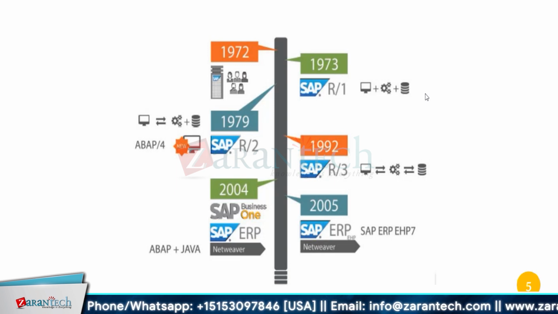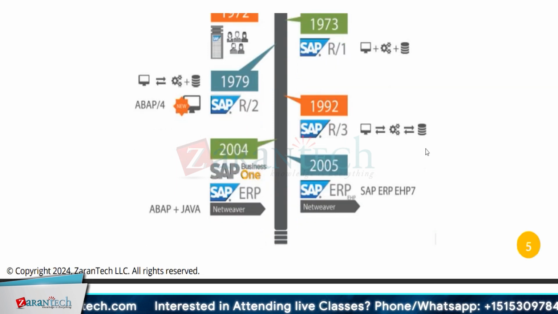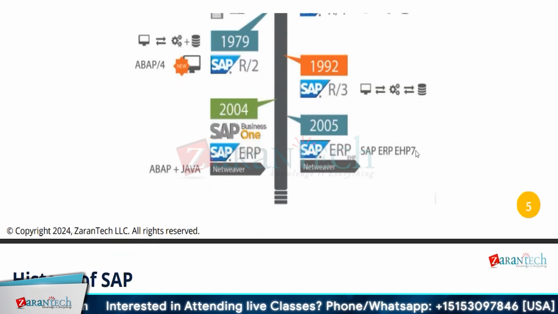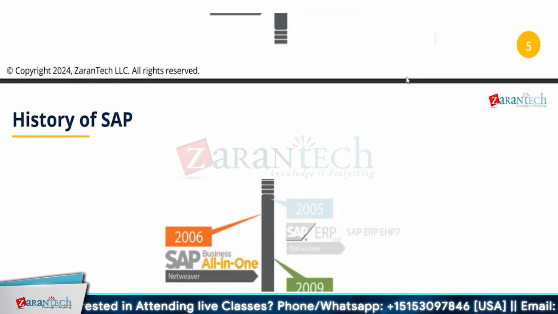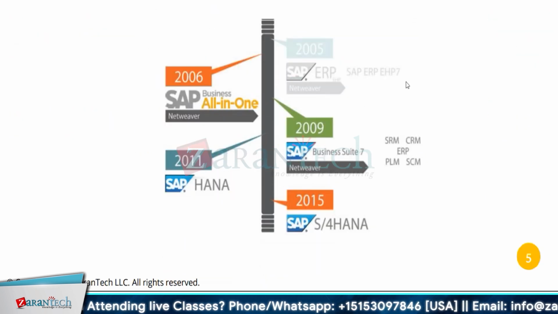Earlier, whenever there used to be any upgrade, the business operations used to be halted or affected. But with the launch of these EHP packages, SAP can upgrade its software without disrupting the business operations and provide regular updates like we get in our Android or Apple phones as well. From EHP 1 it started, and then it went on till EHP 7 as we see. These were the regular updates which SAP used to provide.